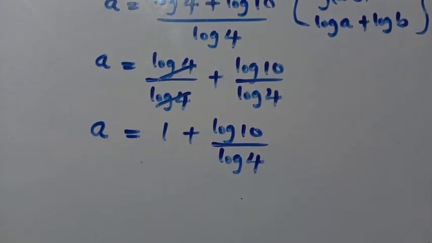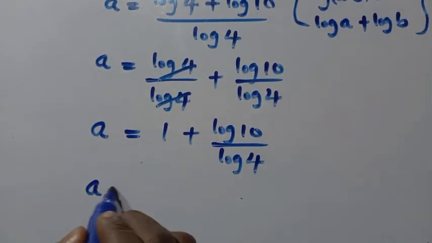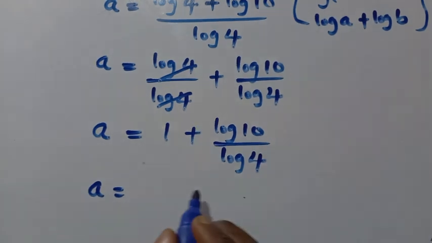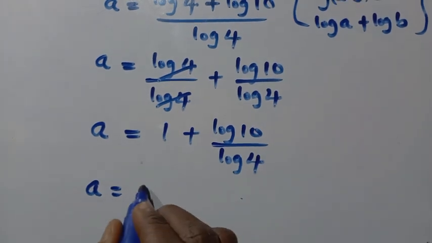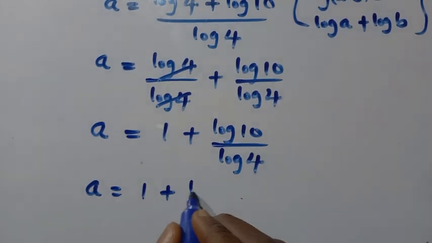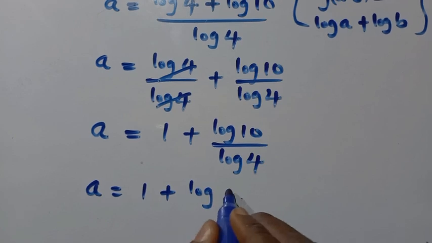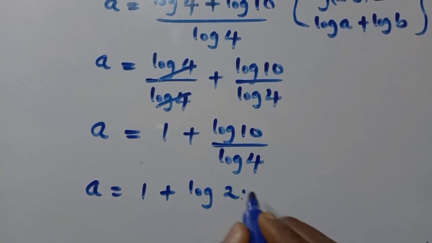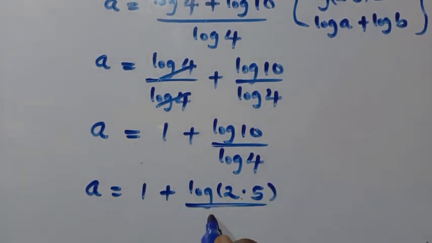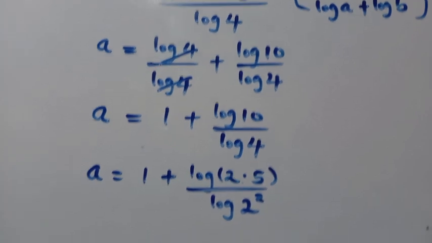From here we can still proceed by breaking 10 down, and we can still break 4. So this is 1 plus log of 2 multiplied by 5, divided by log of 2 to the power of 2, and that is 4.